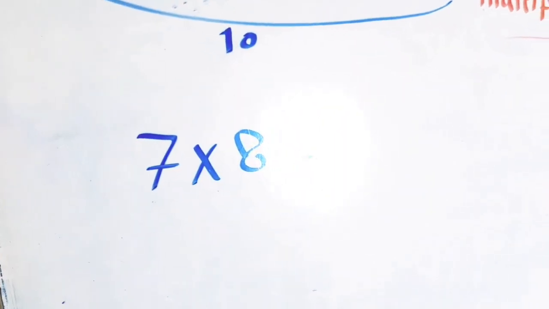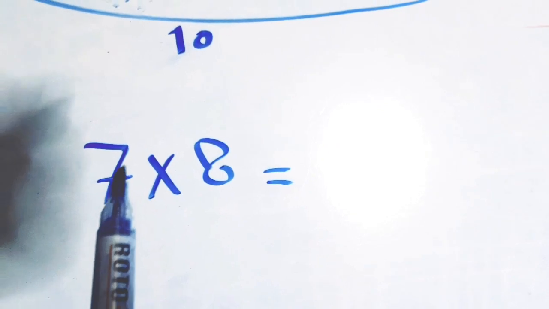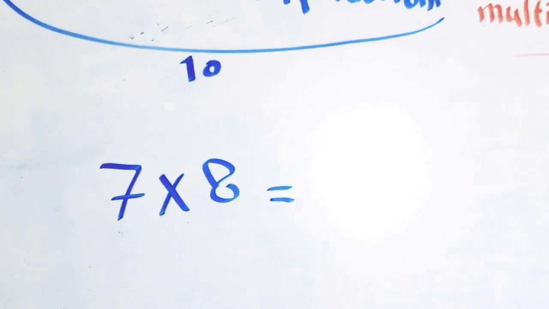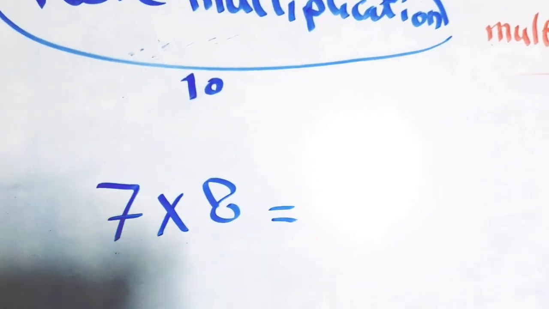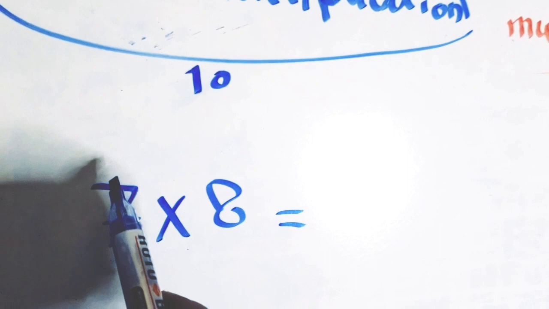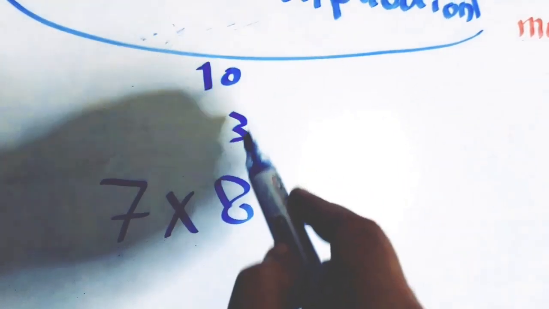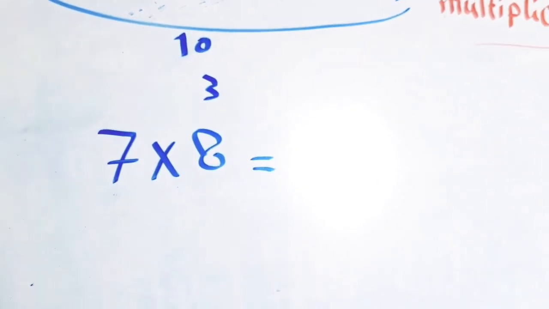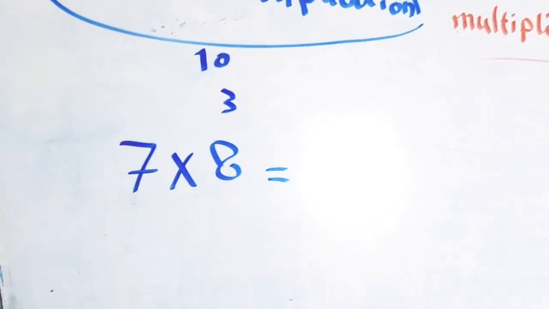Let's begin with the first digit, which is 7. You ask yourself, 7 needs what to reach this target, to reach 10? Of course, it needs 3. We write 3 here over the digit 8.